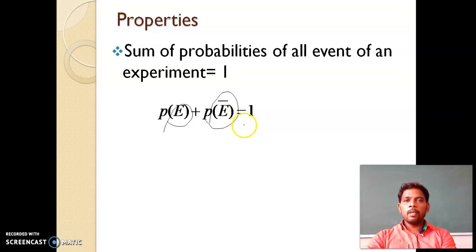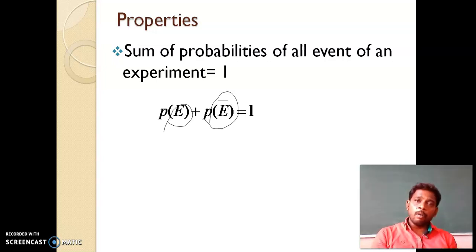So the complement of E is nothing but E bar, or you can call it not E, right? So some set of events are there for the particular experiment, which means we can divide it into 2 parts. One set of part we can call E, and the next set of part we can call not E, or E bar, or complement of E.